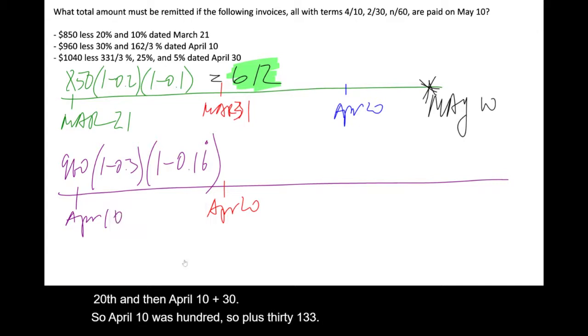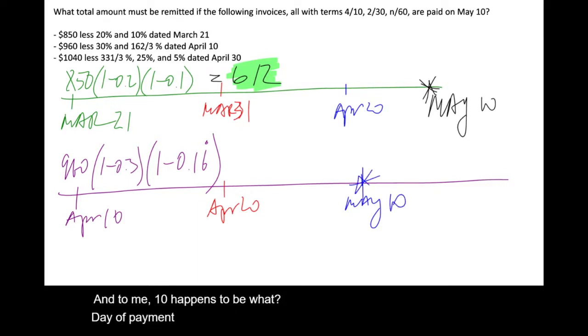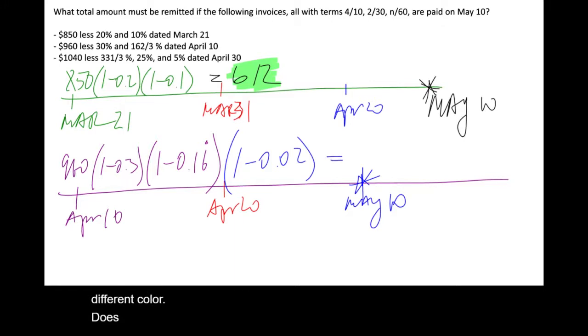And May 10 happens to be what? Day of payment, right? So it's a last day of 2%. So that's why I put here in different color. That's the answer. Is that format understandable? Is that format clear for you?